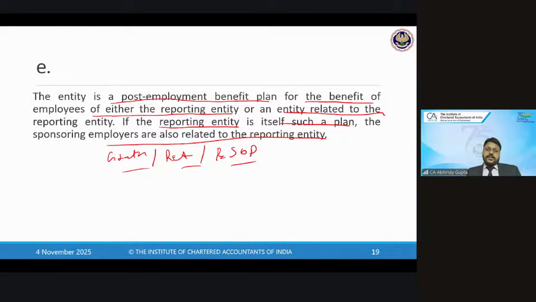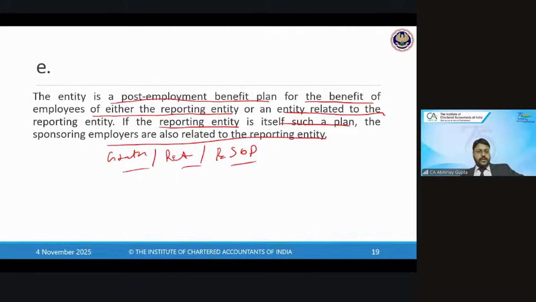So the company has set up post-employment benefit plans for its own employees or for the employees of its subsidiaries, JVs, or associates, or any related party of the entity.